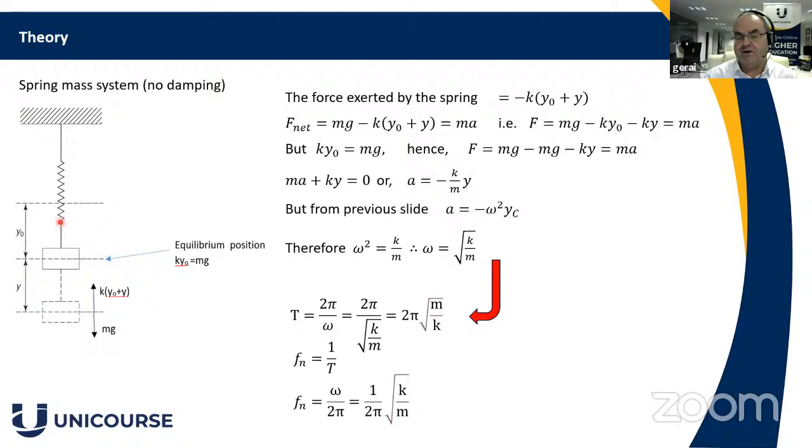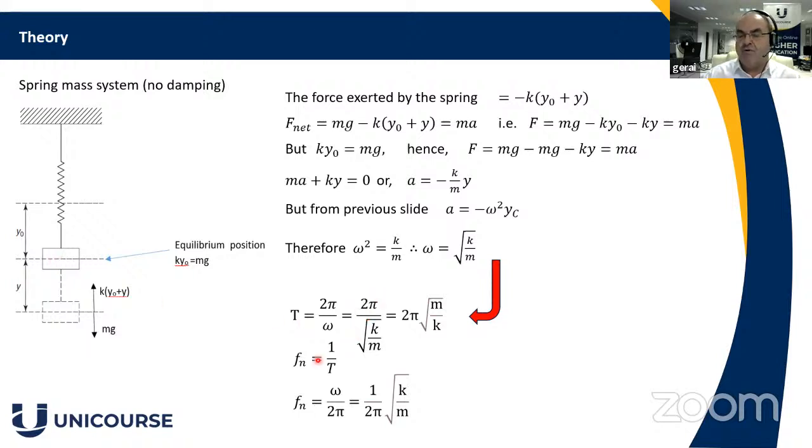If we haven't got any damping, that is known as the natural frequency of the system. And that will carry on indefinitely until we stop it. That's known as the natural frequency of vibration for a spring mass system. Now, if we had this system placed horizontally, that expression is exactly the same, provided there's no friction between the mass and the surface it was sitting on.